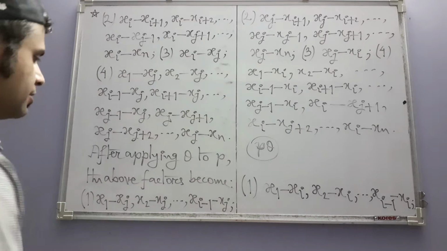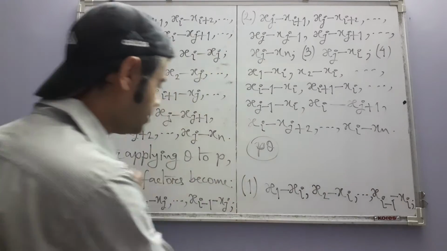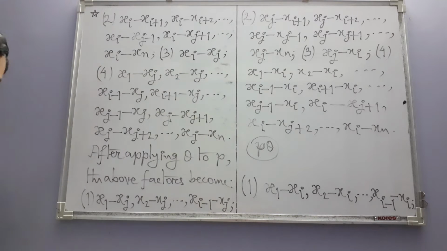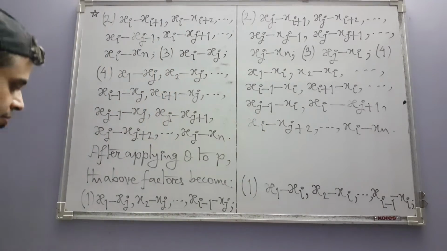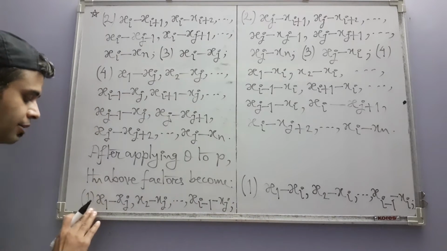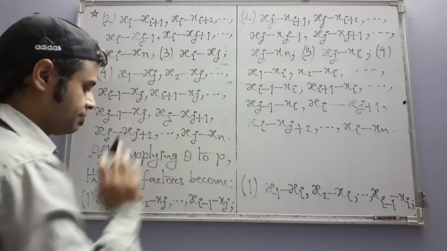Oh no. These are actually the original things. After applying theta, I have written these things now. See what I was thinking. So whatever I was doing there, I should have said about this part.